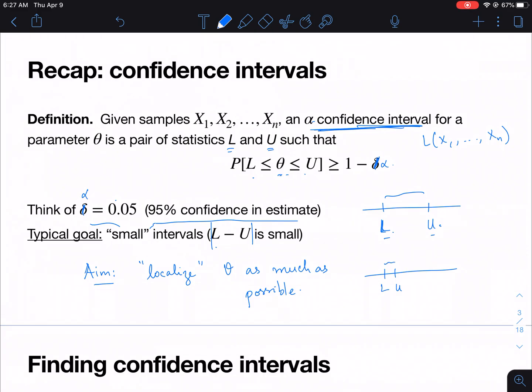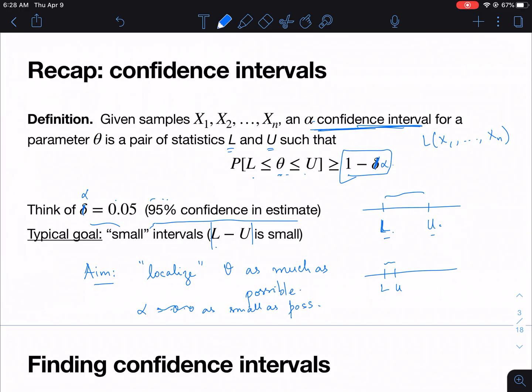Okay. So usually the goal in confidence intervals is you want this absolute value of L minus U to be as small as possible, and you'd like to have alpha to be as small as possible. Because if alpha is tiny, let's say alpha is like 0.00001, then you have like a 99.999% confidence, right? Because the right hand side over here is 1 minus alpha.